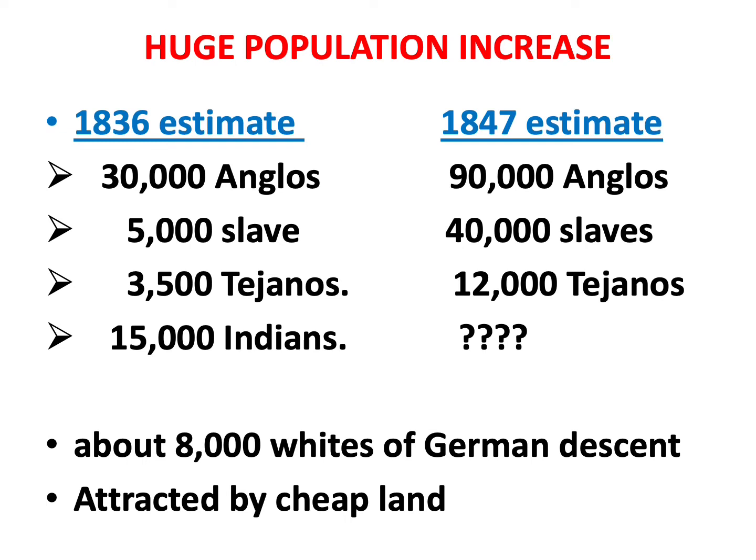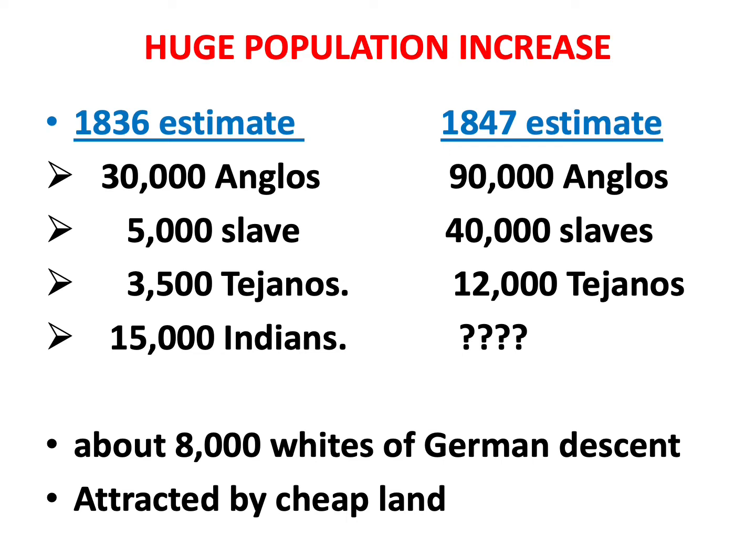And then in the right column, in 1847, after Texas became a state, but this is also an estimate. The population of Anglos tripled from roughly 30,000 to 90,000. The population of slaves went up much, much faster, 5,000 to 40,000 slaves.